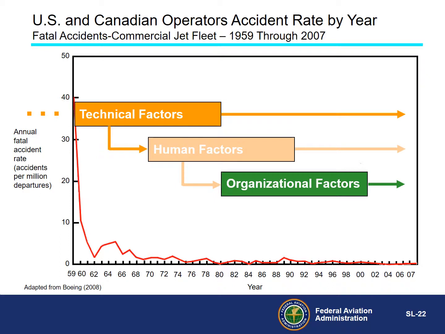Think of how much better our jet engines, avionics, and navigation aids have become. With further technological advances, aircraft systems became more reliable and pilots took on a system monitoring role. The downside was, as aviation became more technologically complex, the opportunity for humans to make a mistake increased.